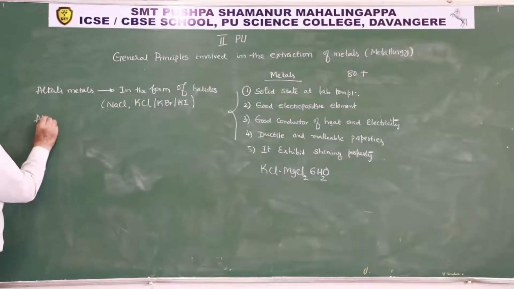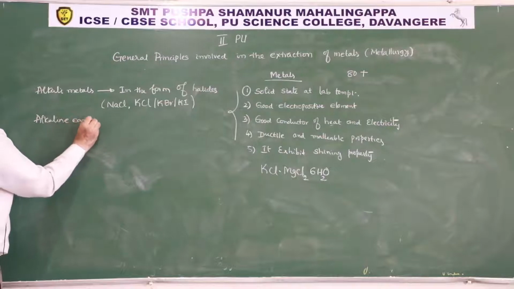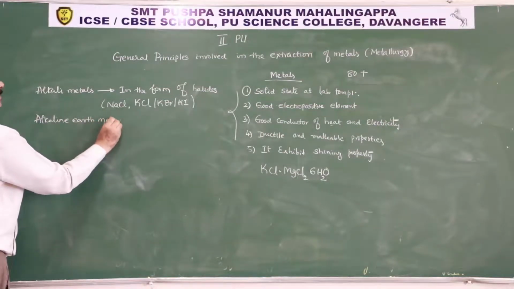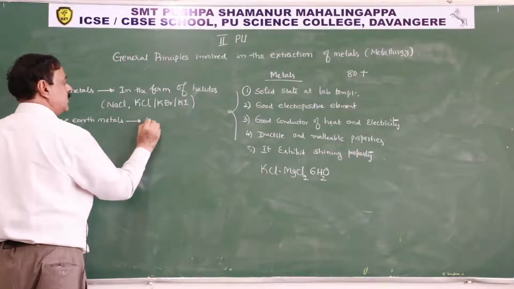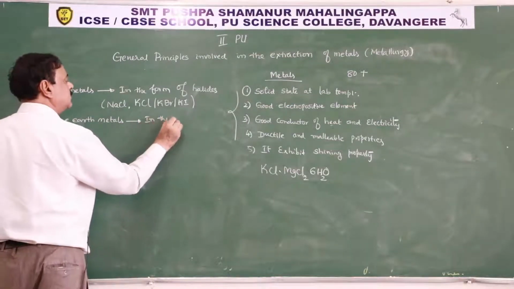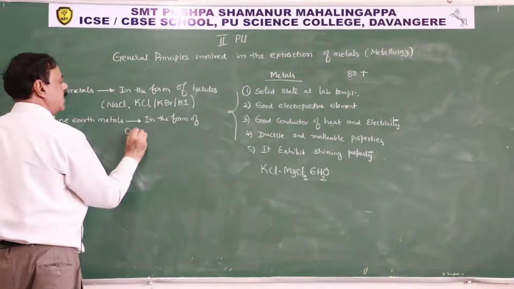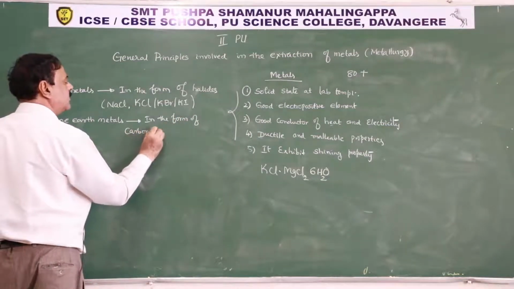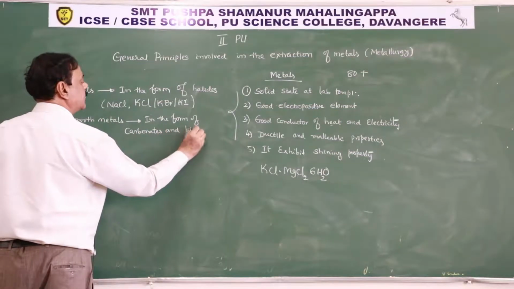Alkaline earth metals occur in the form of carbonates and bicarbonates.